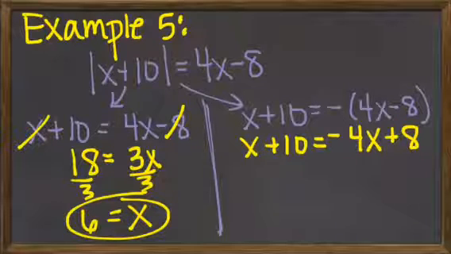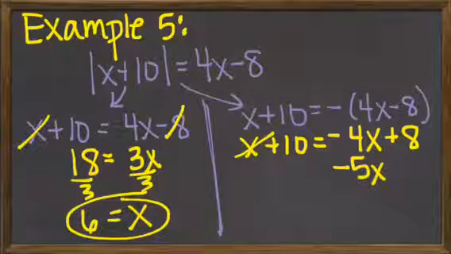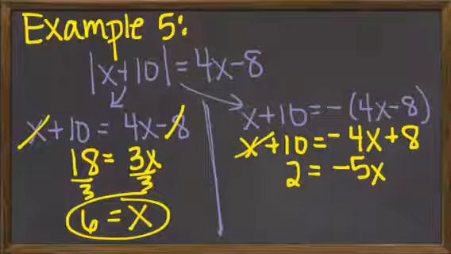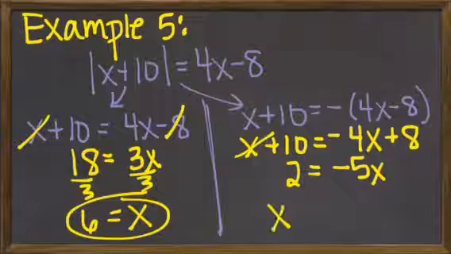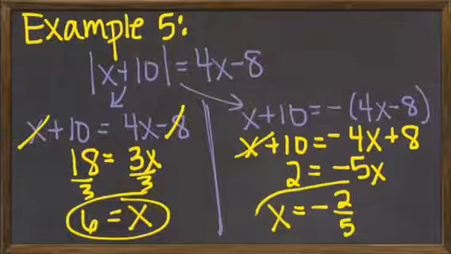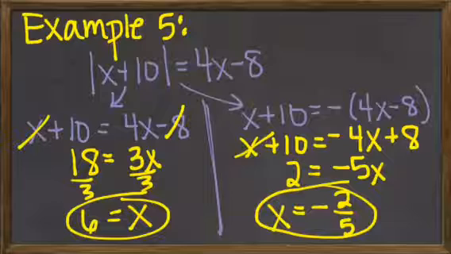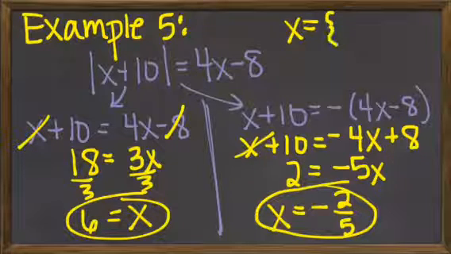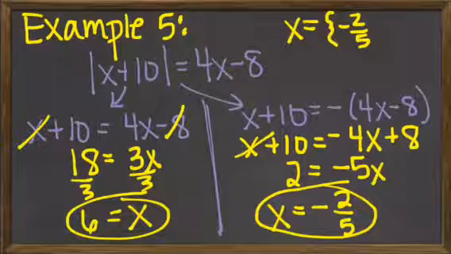I'm going to subtract an x, and that's going to give me negative 5x. And I'm going to subtract 8, and I'm going to get 2. And then I'm going to divide by negative 5, so that x equals negative 2/5. So I would say that my solution set is x equals negative 2/5 and 6.